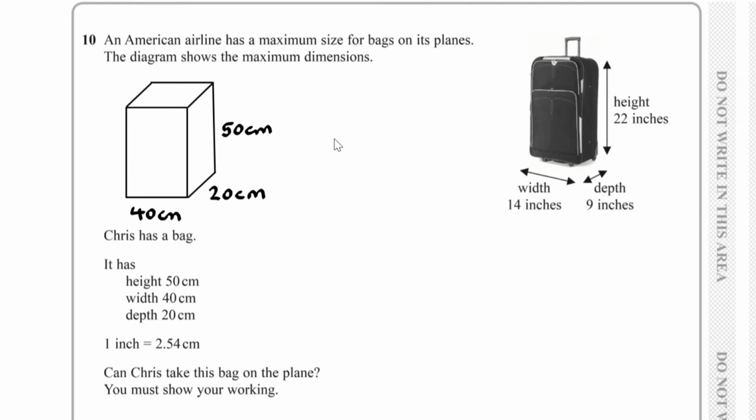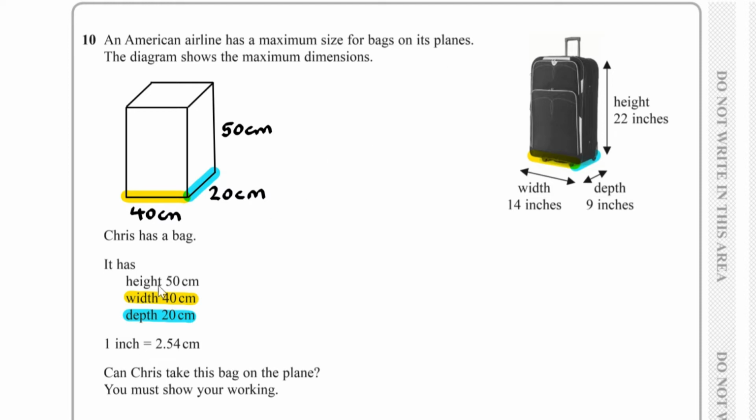Well, here is a diagram of his bag. What we've got is the width being 40 centimeters. So that would correspond to this. Then we've got the depth being 20 centimeters. That would correspond to this.